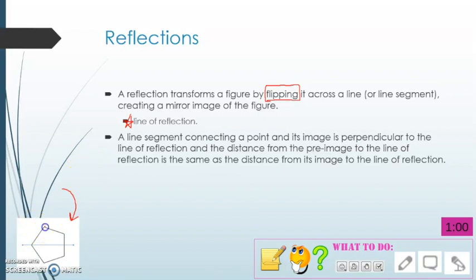All of that means is, if this is a point on the pre-image, and this down here is a point on the image, if we draw a line segment that is perpendicular to the line of reflection, and same with the image point, so both of these are perpendicular, then both of those segments are congruent, so that the points are the same distance from the line of reflection.